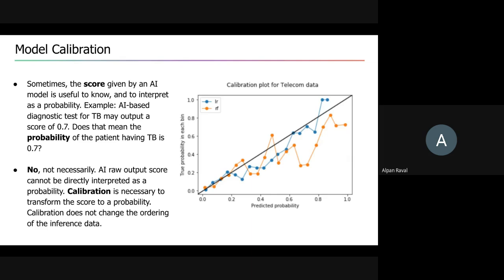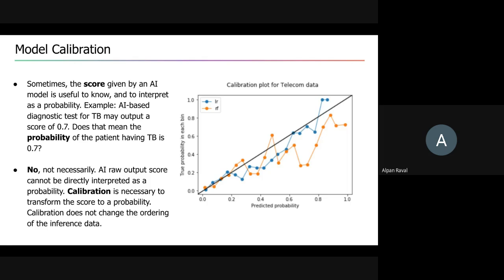Remember, if it's a classification model, it will typically output a risk score, and then you have to set an operating point to convert it to a 0, 1 type of classifier, a binary classifier. And when we set an operating point, we can forget about the underlying score.